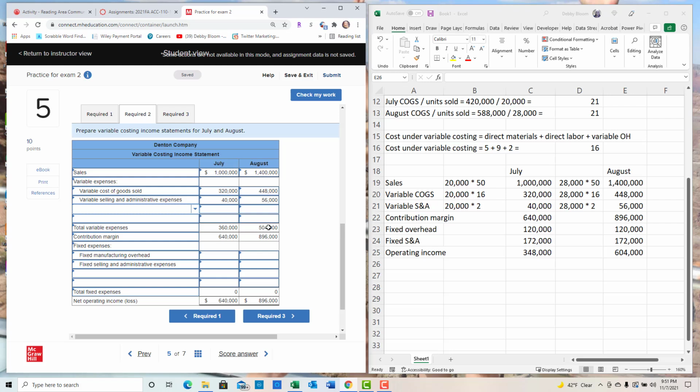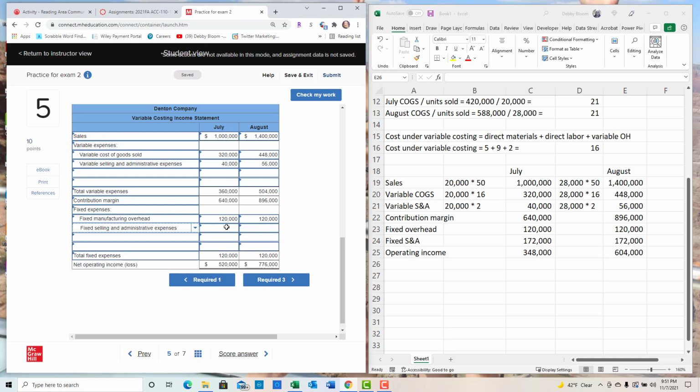It already calculated our total variable expenses, and notice how our contribution margin is the same, 640 and 896. Now we're just going to put in the fixed overhead of 120,000 and our fixed selling and administrative of 172,000. And notice how we have the same net operating income, 348 and 604,000.